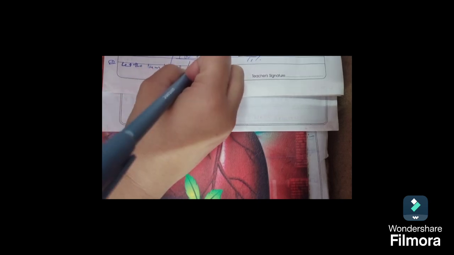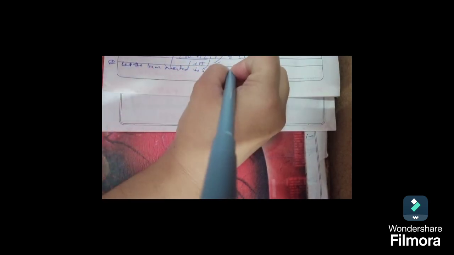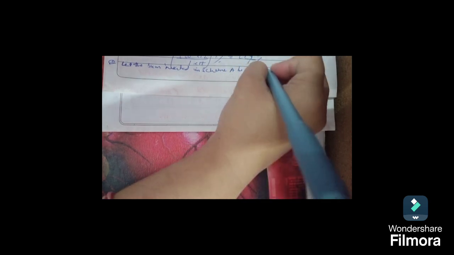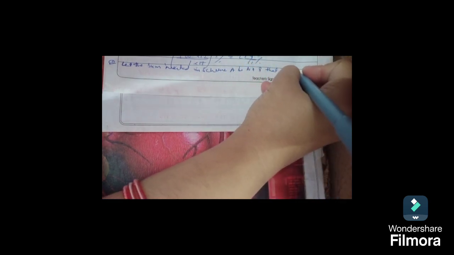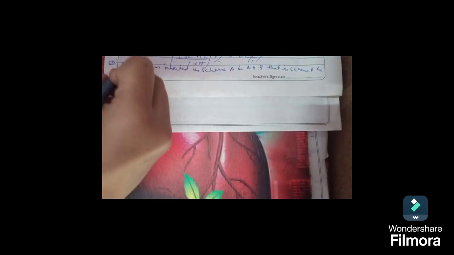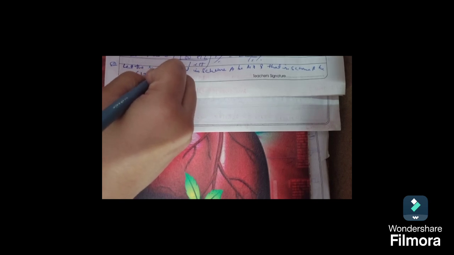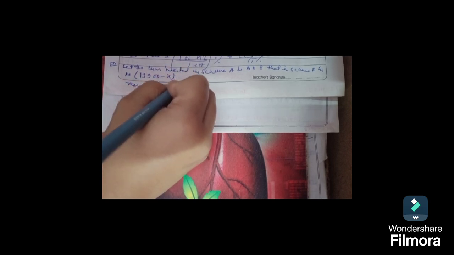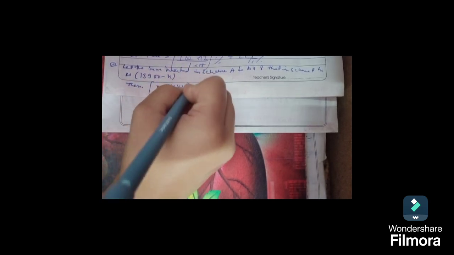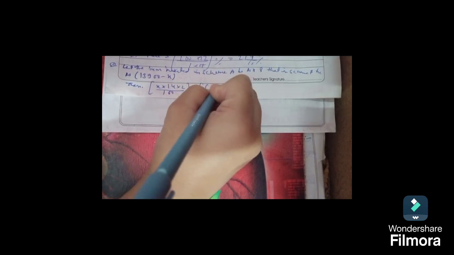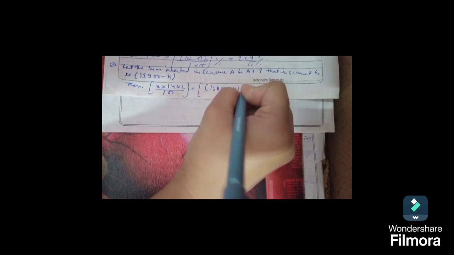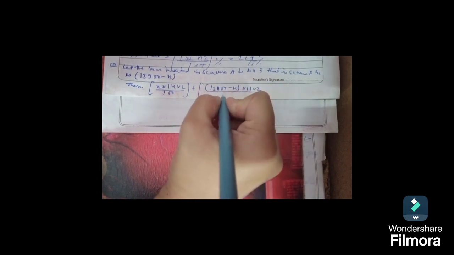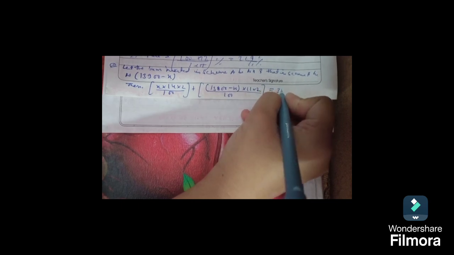Let the sum invested in scheme A be rupees X, and that in scheme B be rupees 13,900 minus X. Then X into 14 into 2 upon 100 plus (13,900 minus X) into 11 into 2 upon 100 equals 3,508.